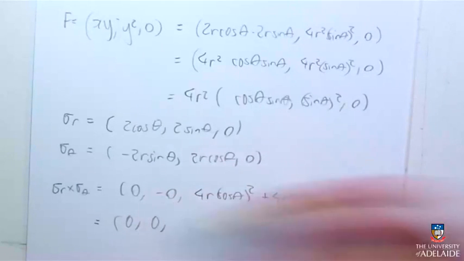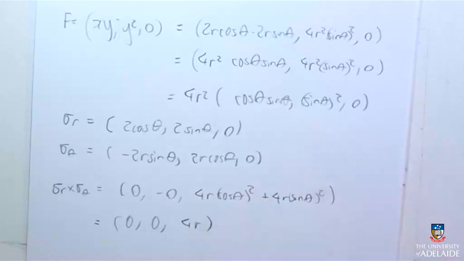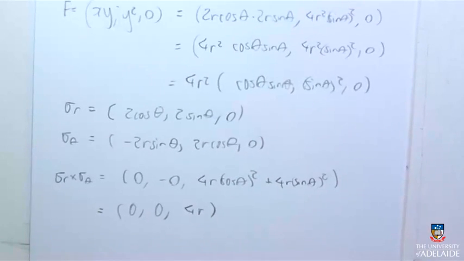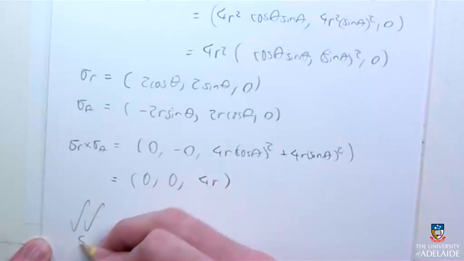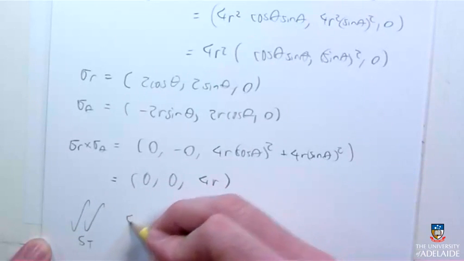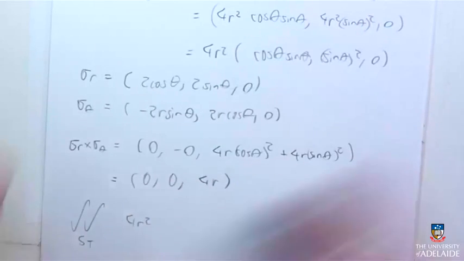0, 0, but just for completeness' sake we've got that. And so my integral is now this. 4r squared. Let's do the dot product now.